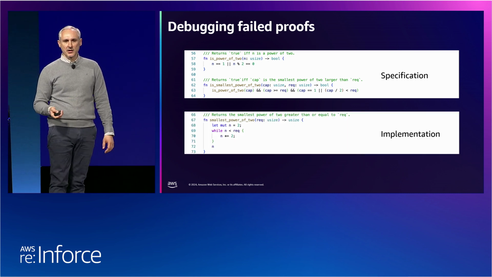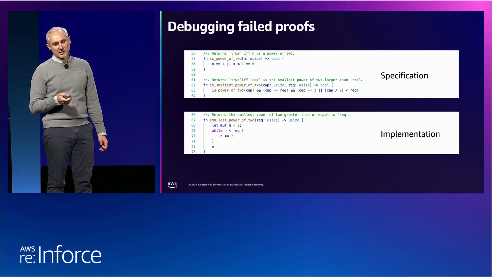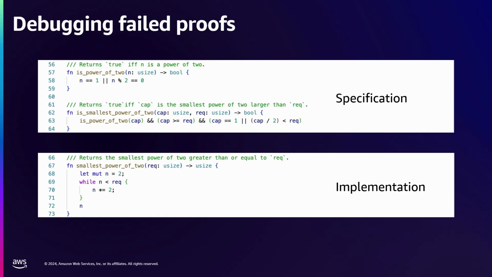And then you can start with an initial implementation attempt. Given an existing and requested capacity, I'm going to give you the smallest power of 2 that I can find. I start from 2, and I just multiply the current value by 2 until I find something that's greater than the requested capacity, and I return that. That seems correct to me.